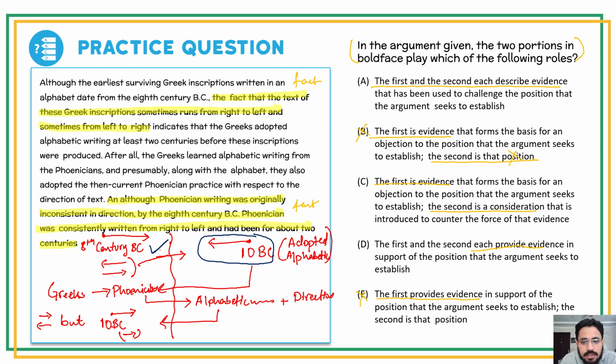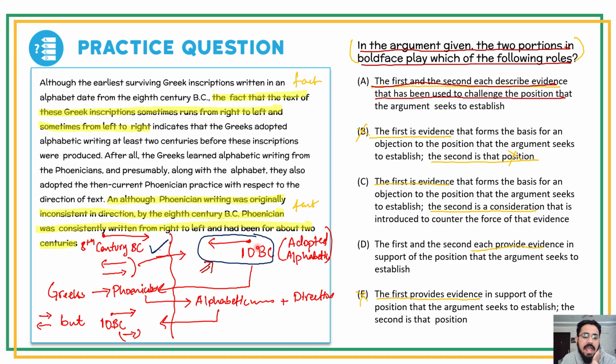Now let's see. The question is, in the argument given, the two portions in boldface play which of the following roles? The first and the second each describe evidence that has been used to challenge the position. What's the position of the argument? The position is that they adopted alphabetic writing in the 10th century BC or before that. So are these facts challenging that? I don't think so.